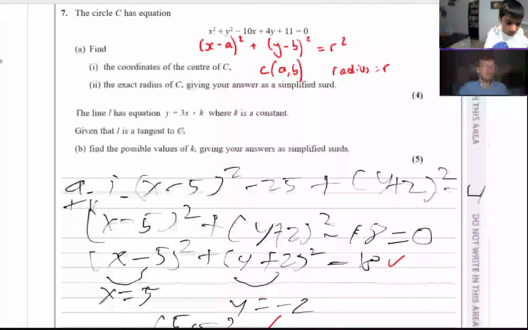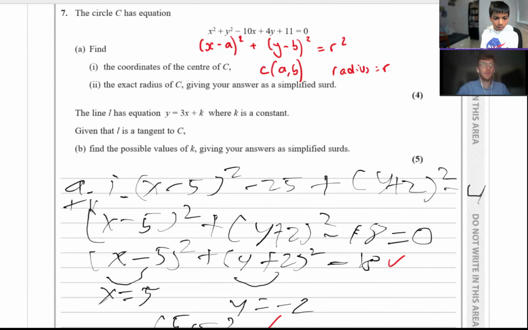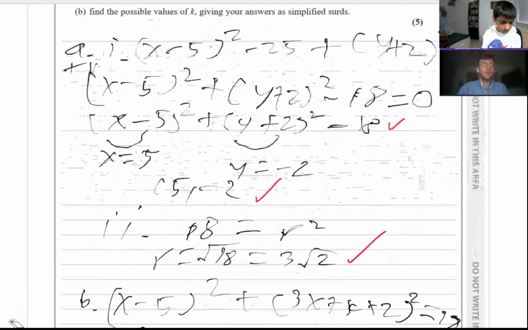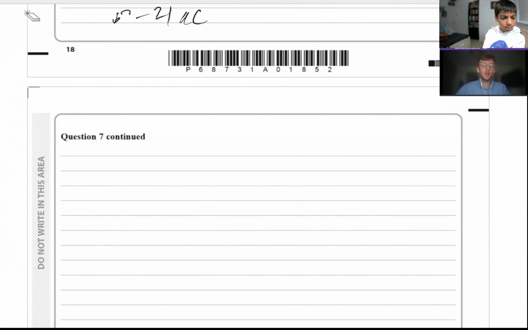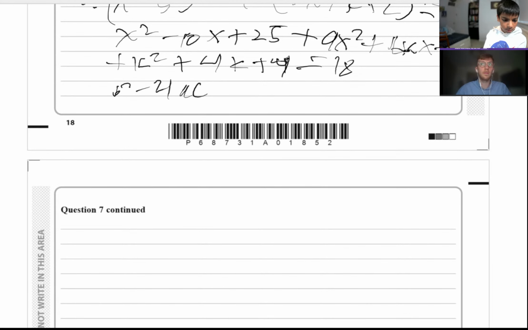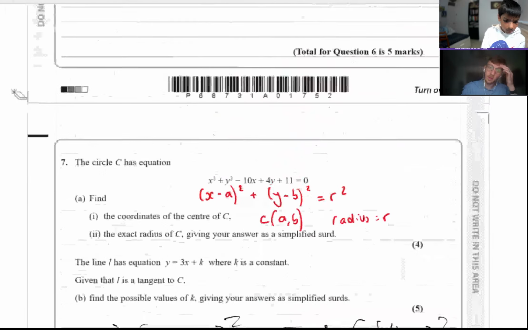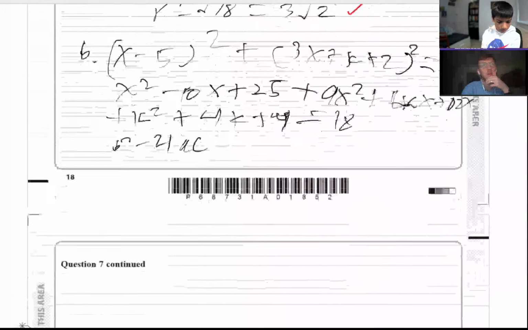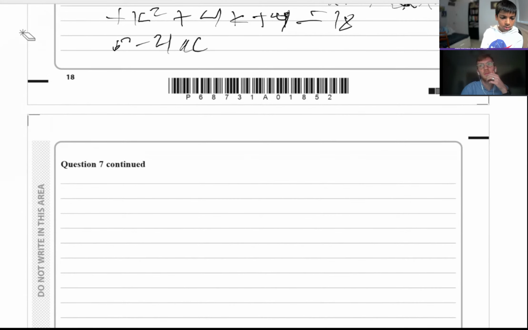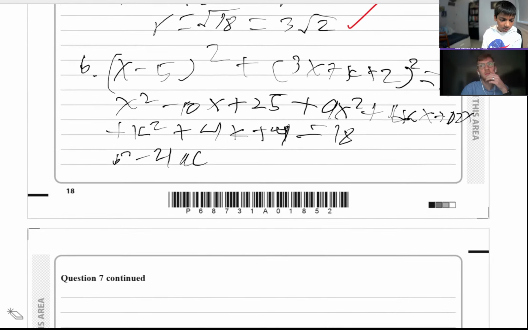You mean the determinant? It's not called the determinant. What is it called? The discriminant. Yeah, determinant is to do with matrices. Yeah, you're right, the discriminant. I always mix up those.